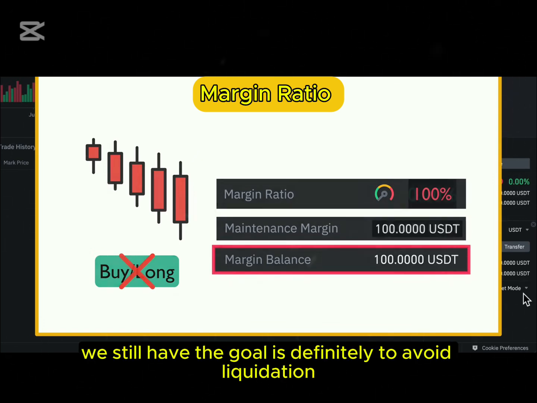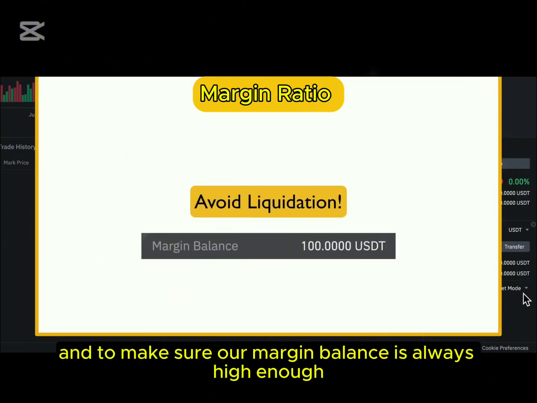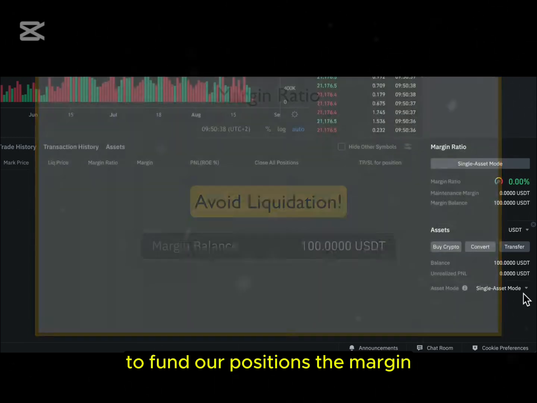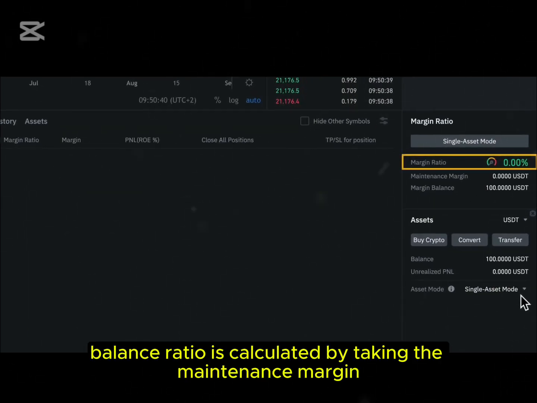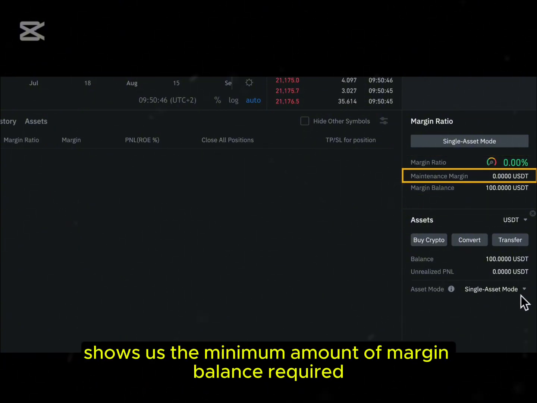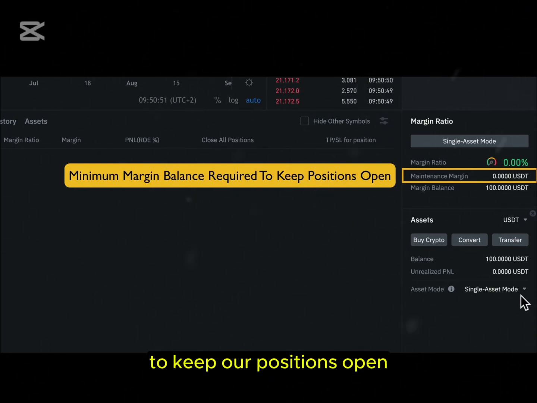The goal is definitely to avoid liquidation and to make sure our margin balance is always high enough to fund our positions. The margin ratio is calculated by taking the maintenance margin and dividing it by our margin balance. The maintenance margin shows us the minimum amount of margin balance required to keep our positions open.